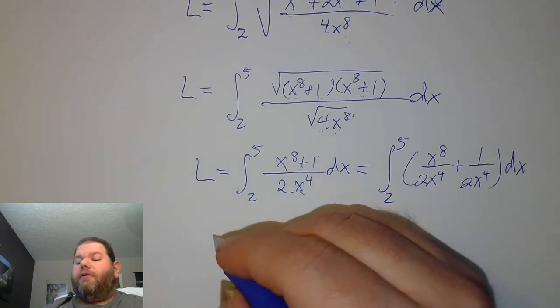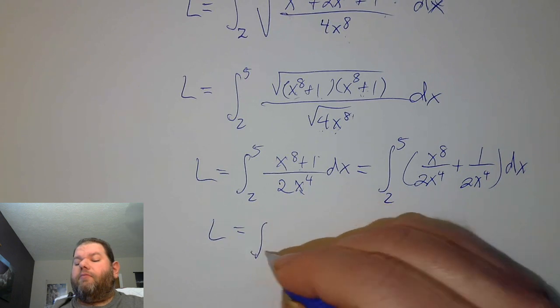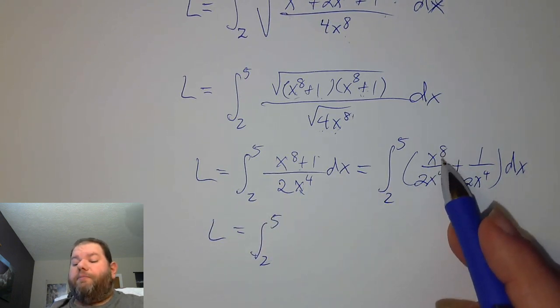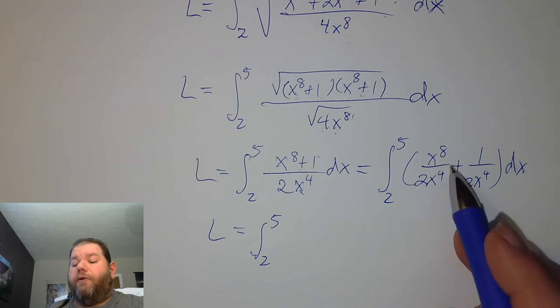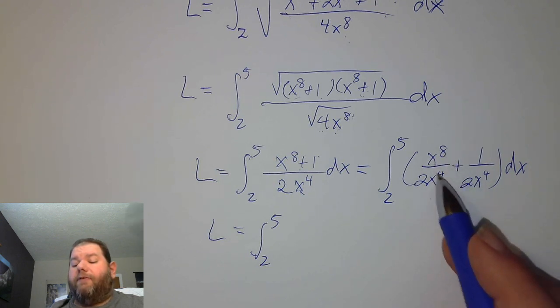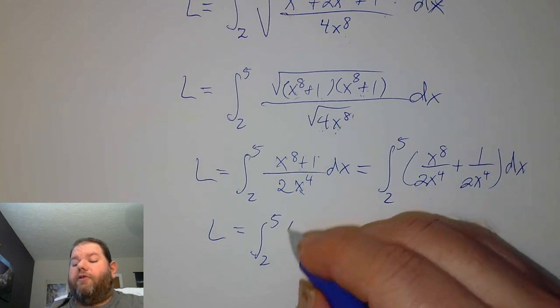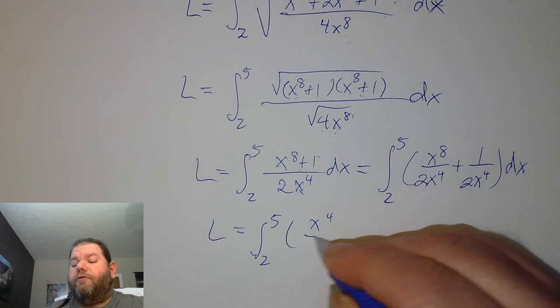dx. And so we'll reduce this. Now, x to the 8 over x to the 4, we can subtract the exponent, so it's just x to the 4, and that cancels the denominator. So it's really just x to the 4 over 2.